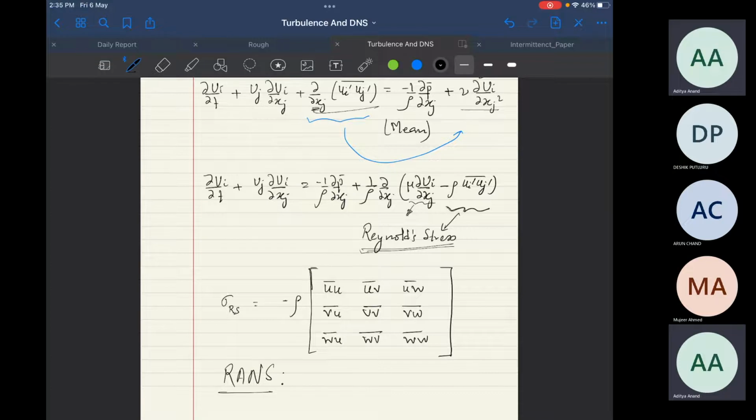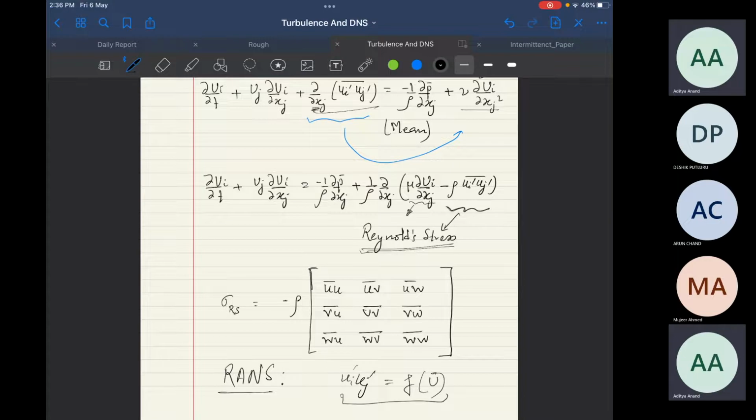And the modeling actually models these Reynolds stresses. So your ui' uj' is modeled as a function of the mean flow itself.